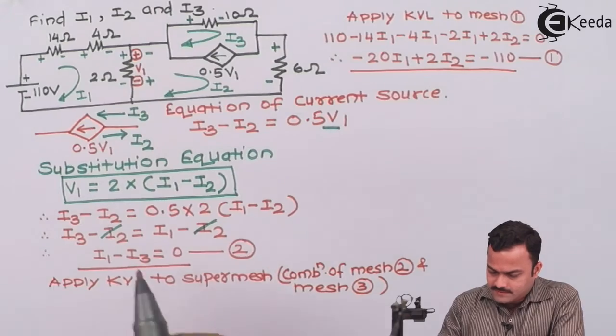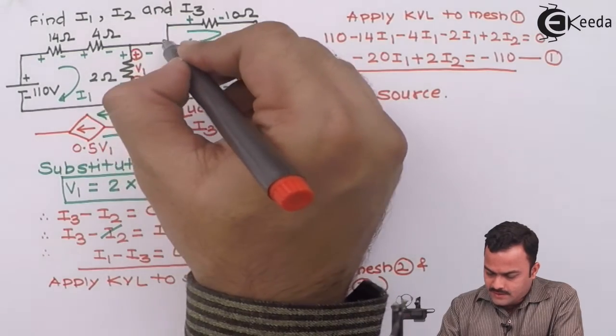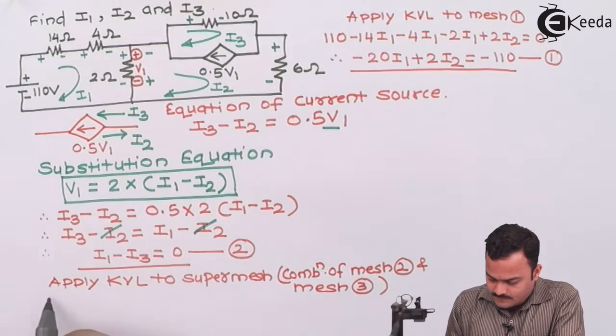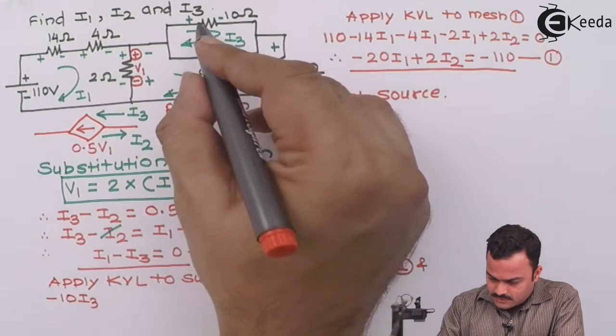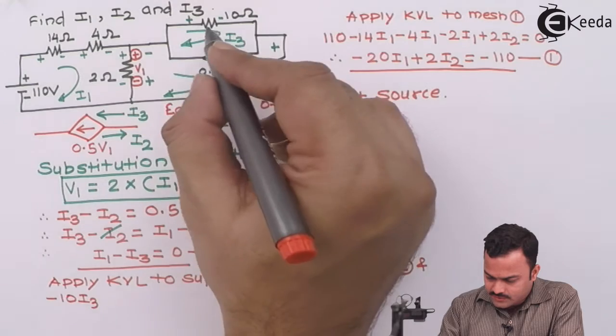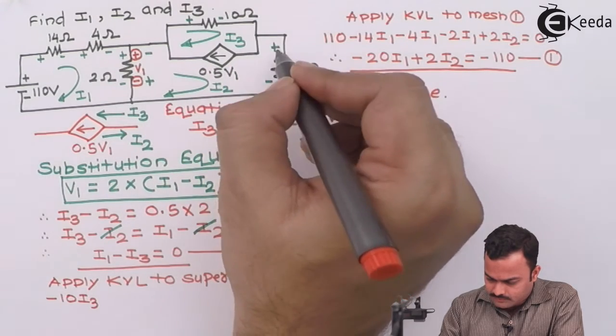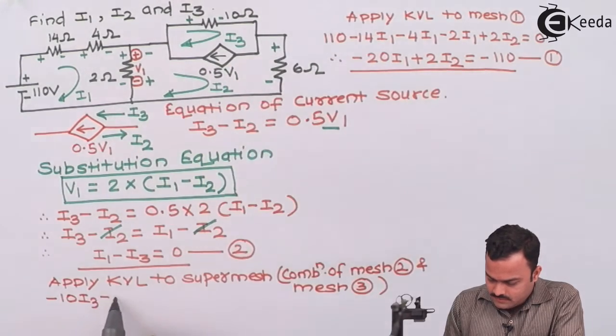So let's start. Over here I will start with mesh 3, plus minus. So it's minus 10 I3. Okay, over here I need to bypass this current source. So the next element is this 6 ohm, plus minus 6, and the current is I2.